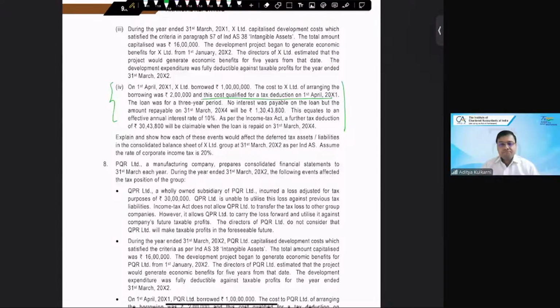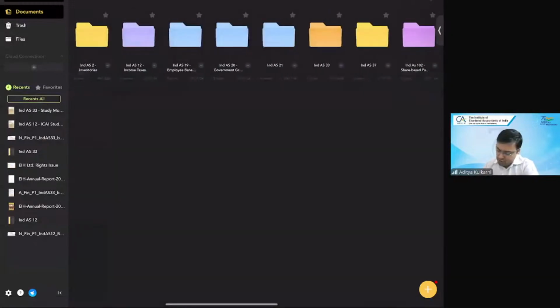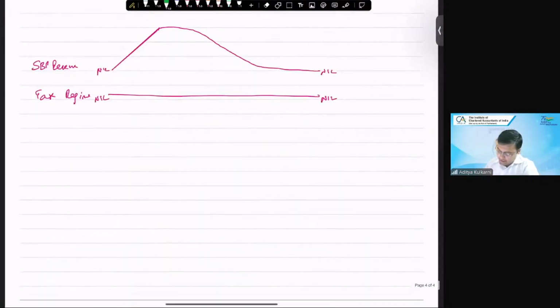Monica? Sir, repeat. Okay, give me one time, let me open Ind AS 12. See, the loan: 1 crore is the total loan minus 2 lakhs, so that is equal to 98 lakh rupees.